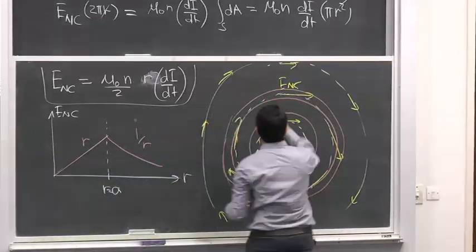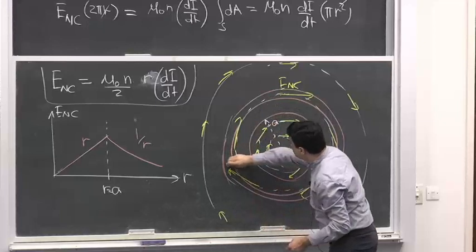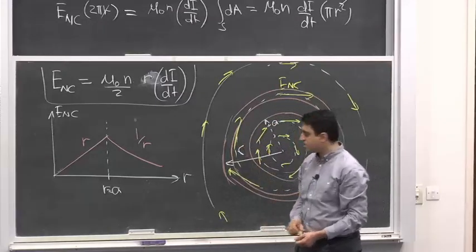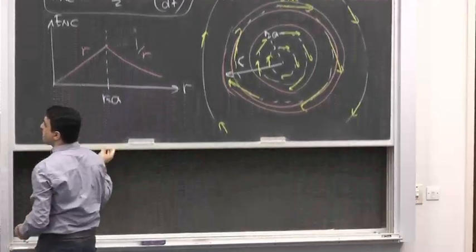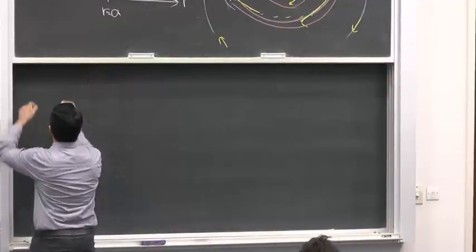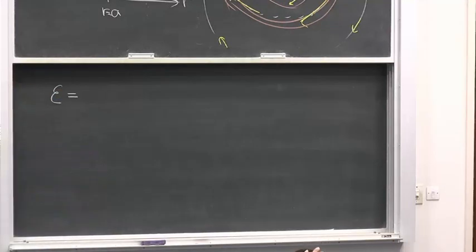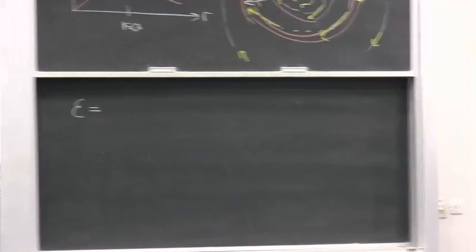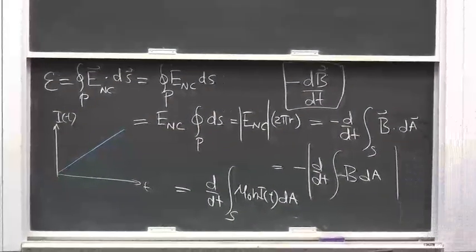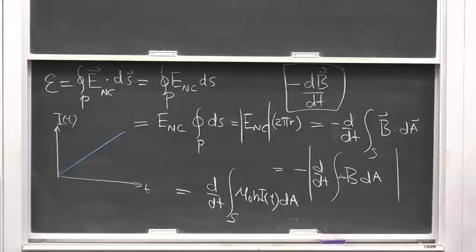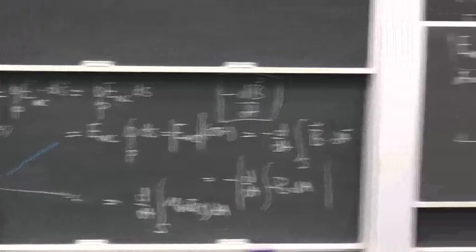Let's say the radius of the wire from the center is R. Then the EMF is given by the integral over the path P of E non-Coulombic dot ds along this external conductor.